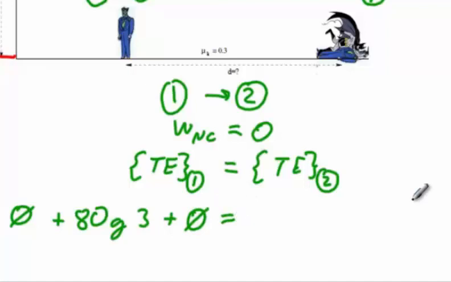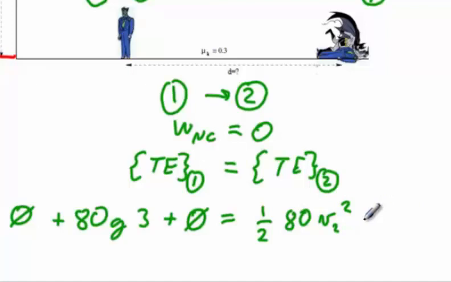At moment 2, which is just before Batman collides with the Joker, we see that there is kinetic energy, and it is simply due to the motion of Batman. So that will be 1/2 m, his mass is 80, times the velocity at moment 2 squared.